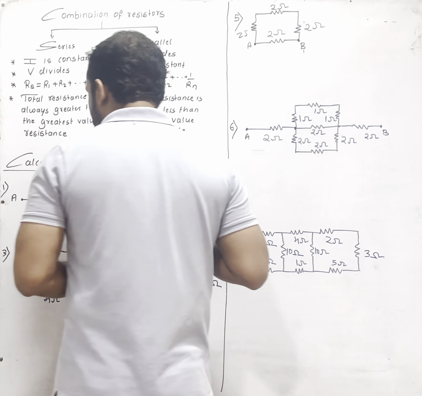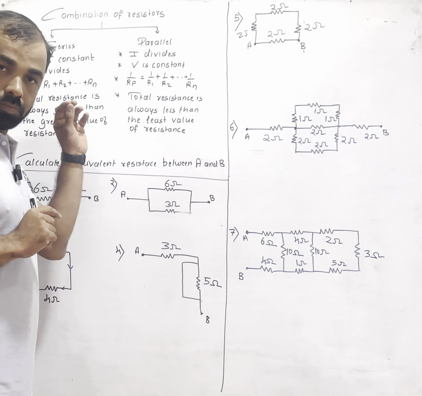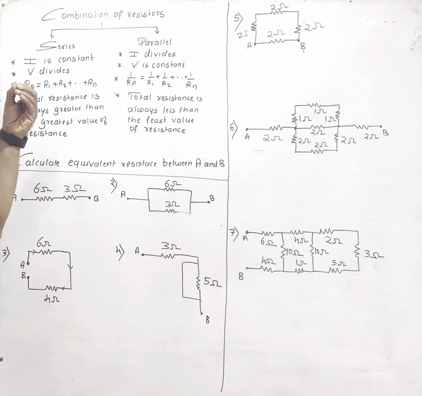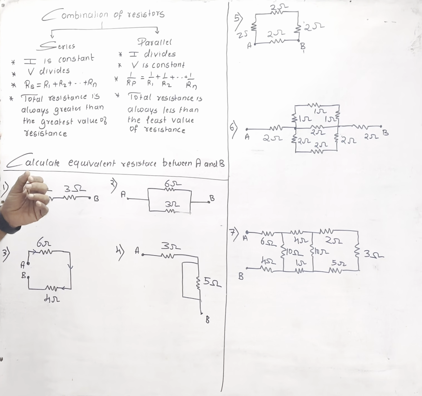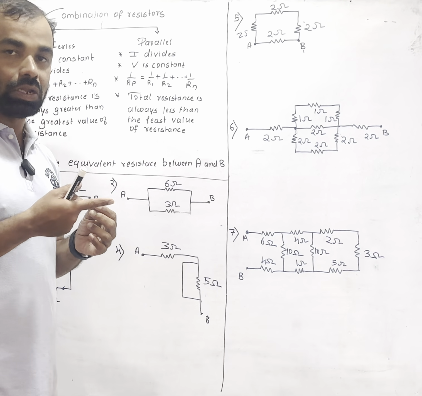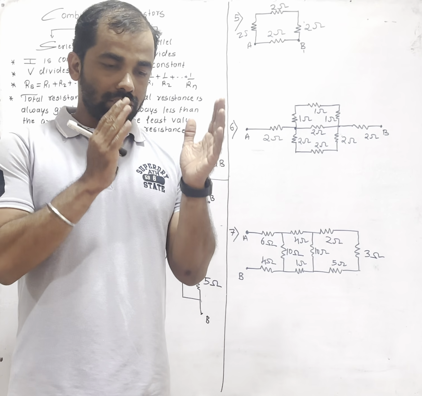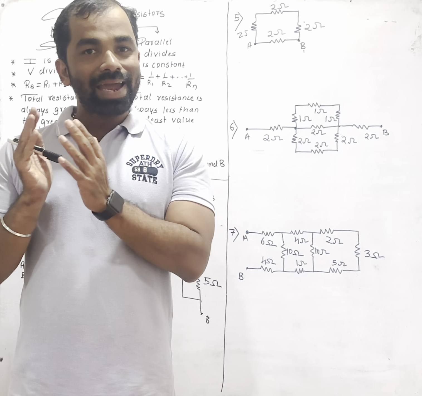Now the main point, please understand this point properly, because this is the whole concept actually. See, total resistance in series is always greater than the greatest value of resistance. Suppose I have three resistors of 2 ohm, 4 ohm and 6 ohm.